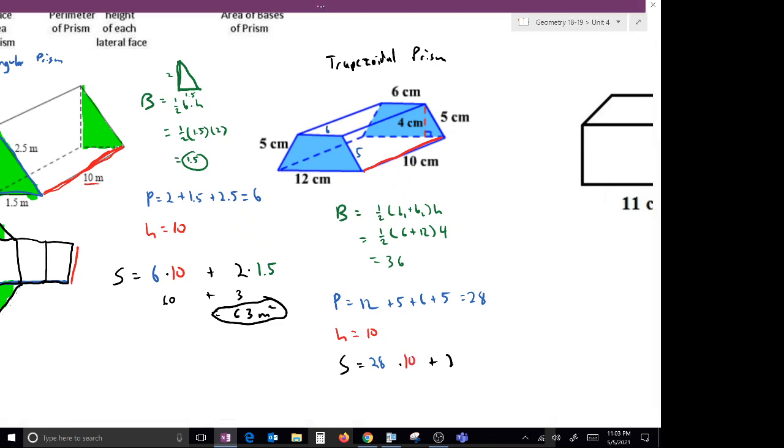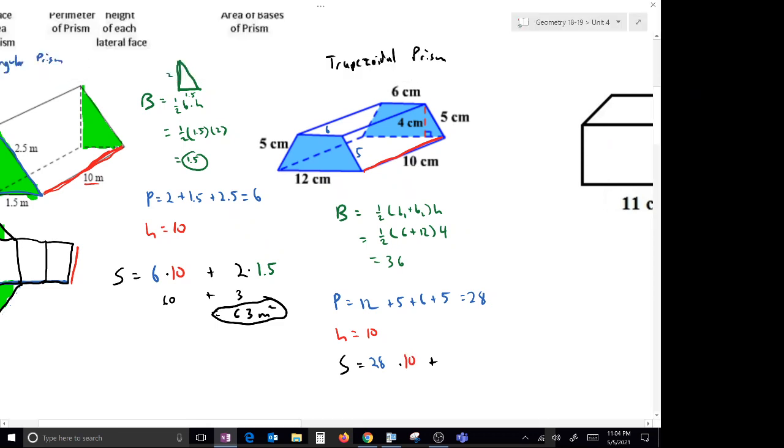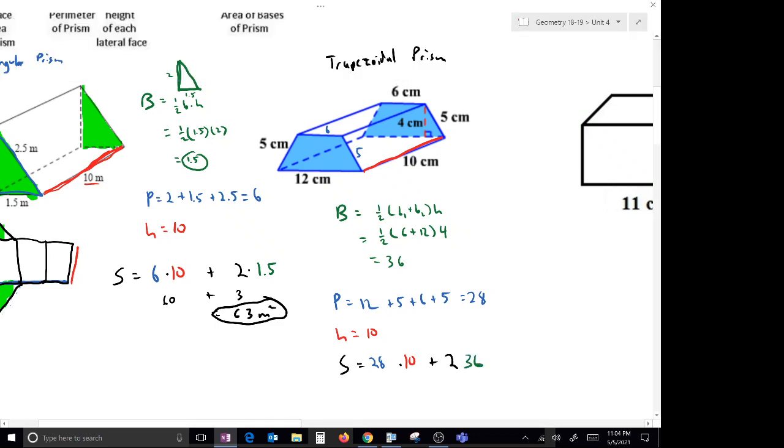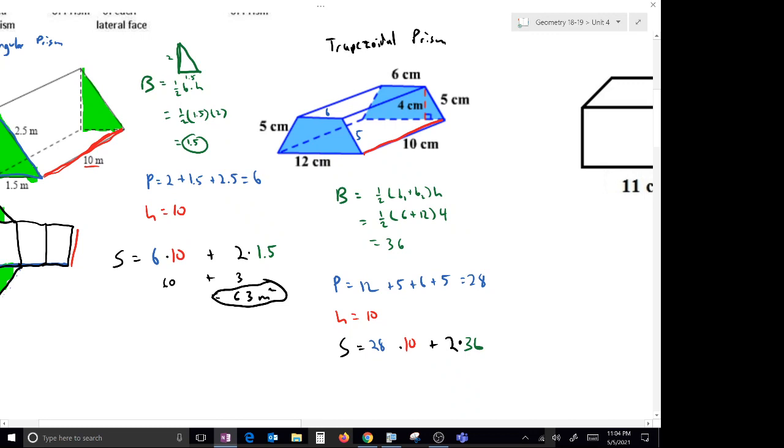plus 2 times the area of our base, which is 36. Alright, and then 28 times 10, that's going to be 280, plus 2 times 36, that's going to be 72, so mental math here.